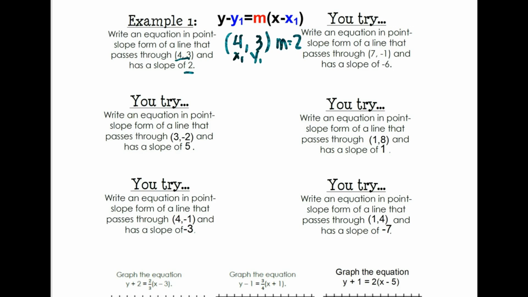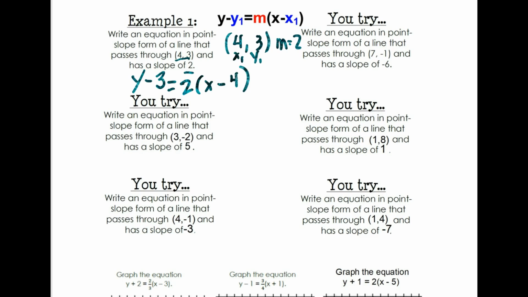That's where the point comes from. So if I plug them into my equation, then it's y minus my y coordinate of 3 is equal to my slope of 2 times my x minus my x coordinate of 4. That would be the equation.